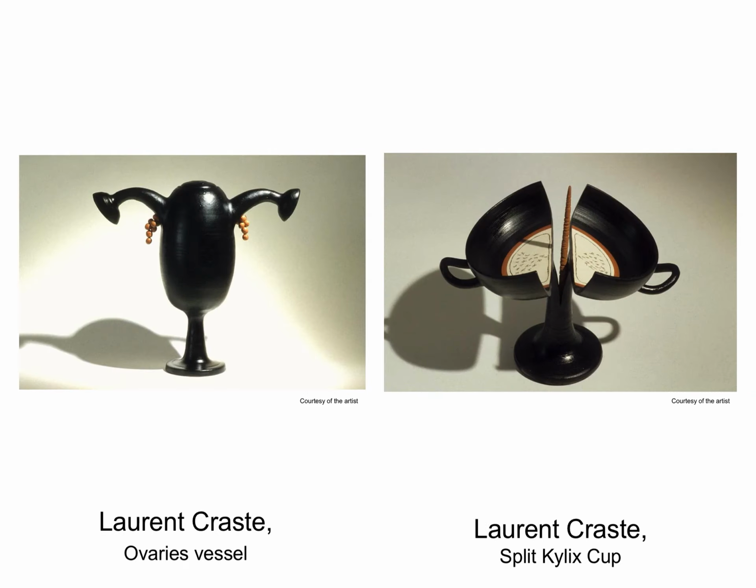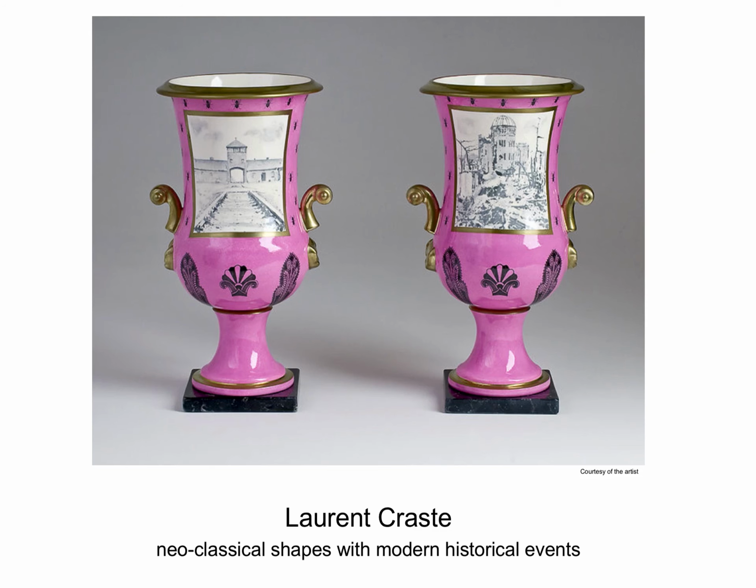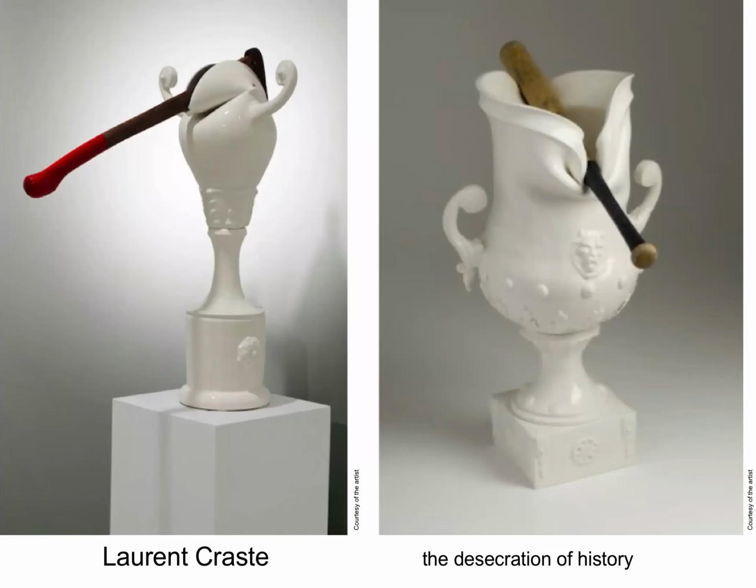And an artist from Montreal, Laurent Crass, looking again at Greek Attic pottery, but changing it dramatically, making it speak of other issues around sexuality, around relationships, and sometimes simply copying historical shape with very little change and transformations, but adding onto them modern historical events as graphic surfaces to create again contrast and a shocking conflation of the two.